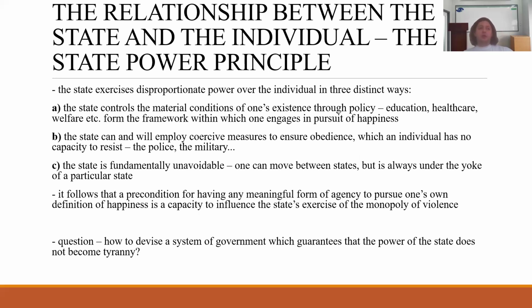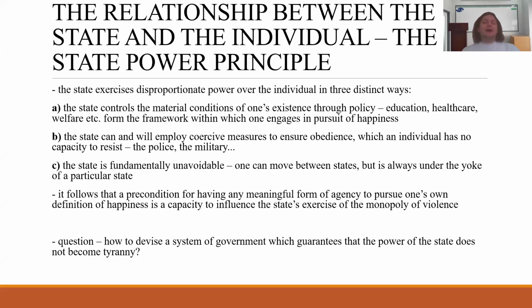The only way for you to be able to realize your own definition of happiness, therefore you as a person with a dignified life, your vision of a dignified life, is to have some control over the state. And this is the principle which you can use in various debates where you have to argue for democracy, argue for expanding the voting power, argue for expanding the amount of influence citizens have over the state.